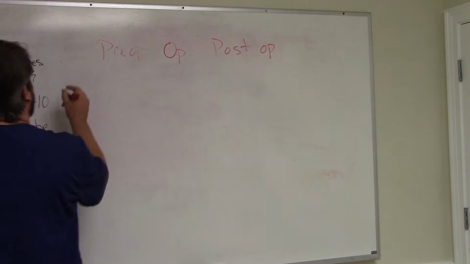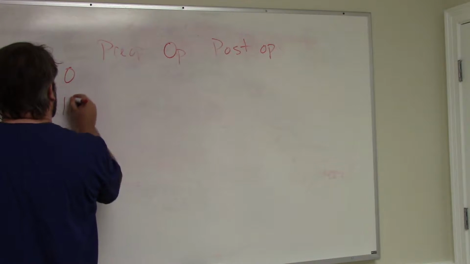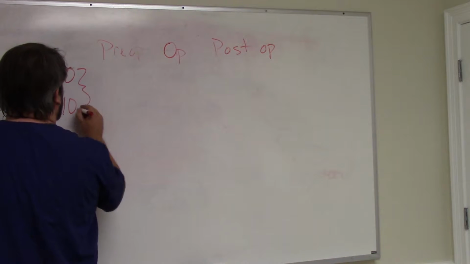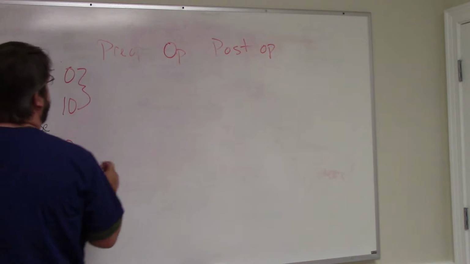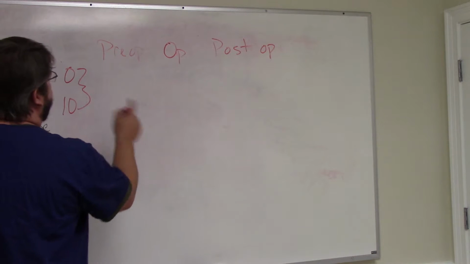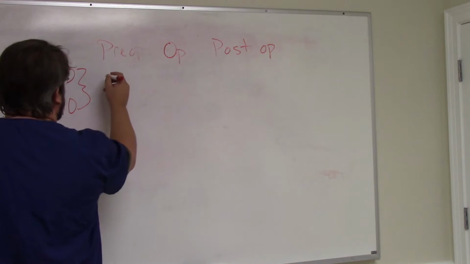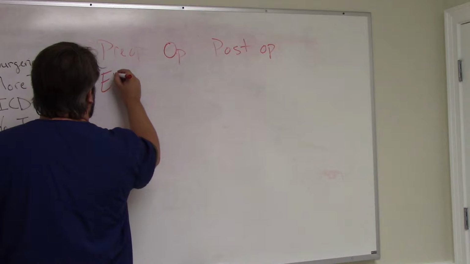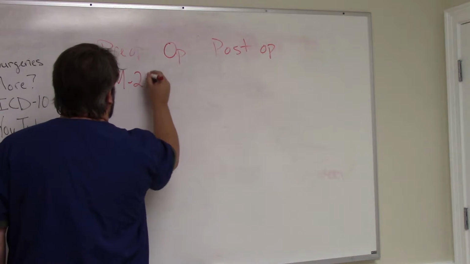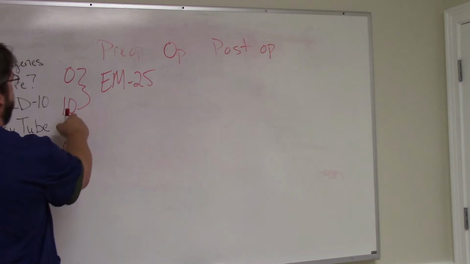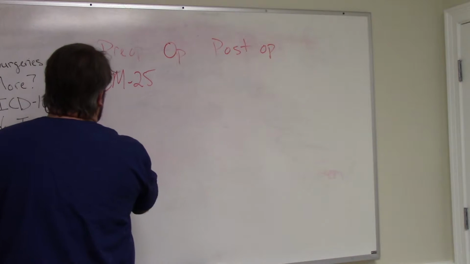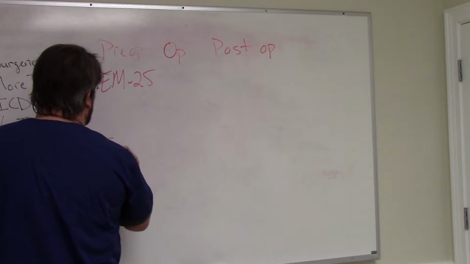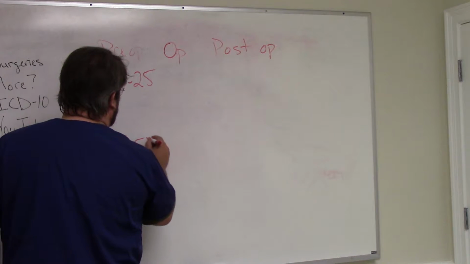So we have 0, we have 10, and we have 90. These are the minor, this is the major. So there should be a decision for surgery. So you have an E&M with modifier 25 for minors. If, however, it's a major, you've got your E&M with modifier 57.